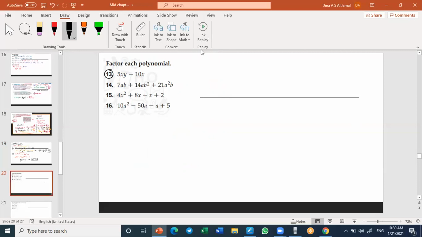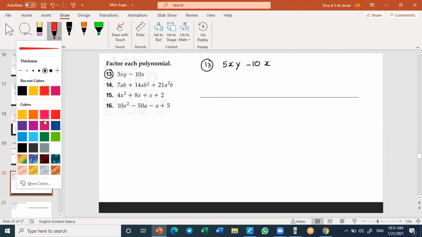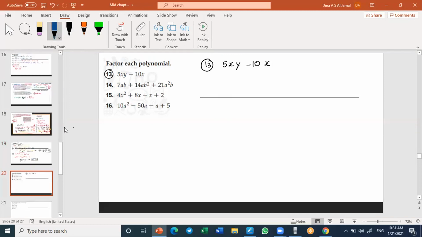Here I will be solving question 13, 5xy minus 10x. Whenever you are having two terms like this, all you need to think of is, first of all, find the GCF. What do I mean by the GCF? Greatest common factor.